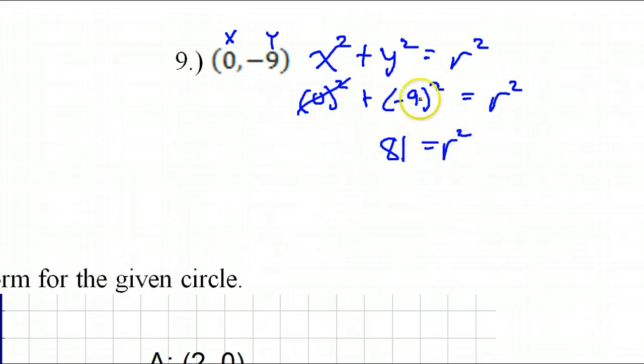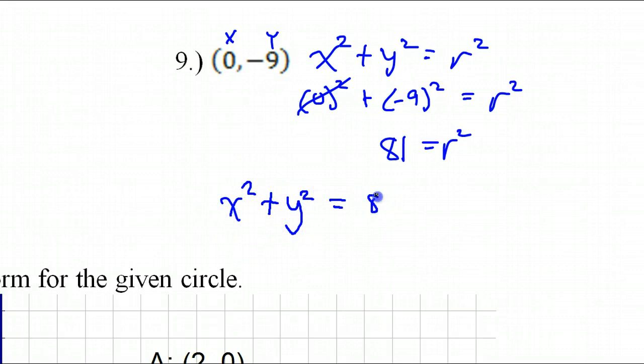All right, a negative times a negative is a positive. Don't try to type this in your calculator without parentheses, or it will give you negative 81, which is wrong. And you know this, man! So this is going to give you x squared plus y squared equals 81 then.